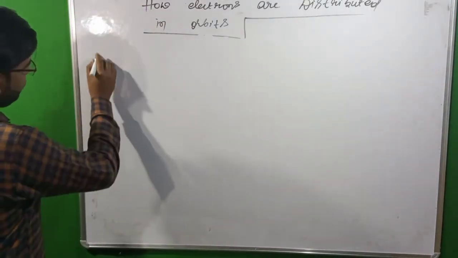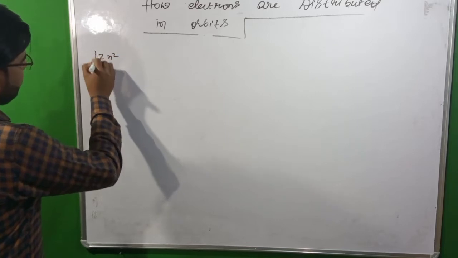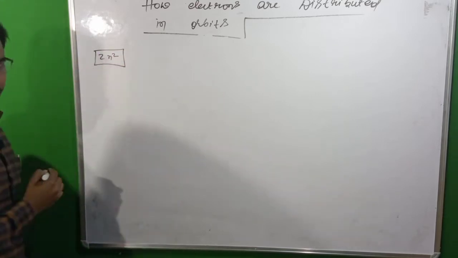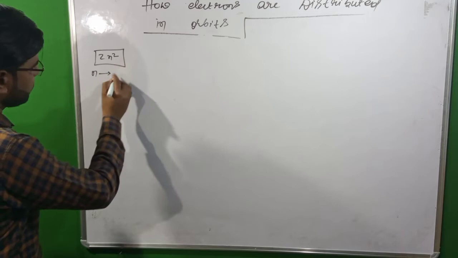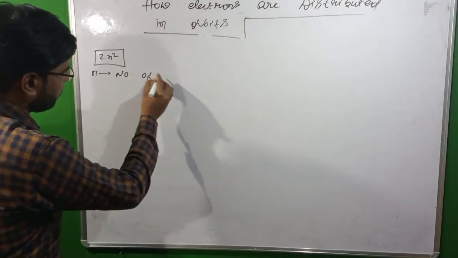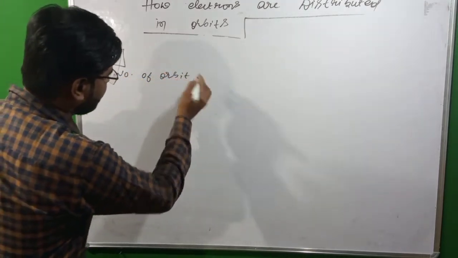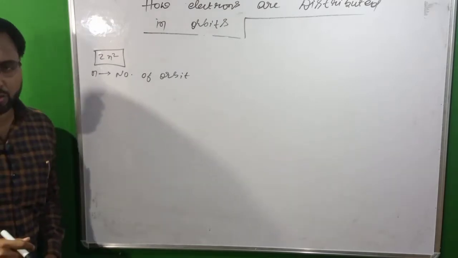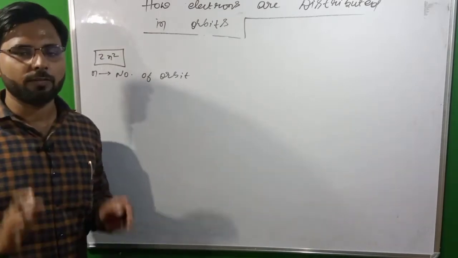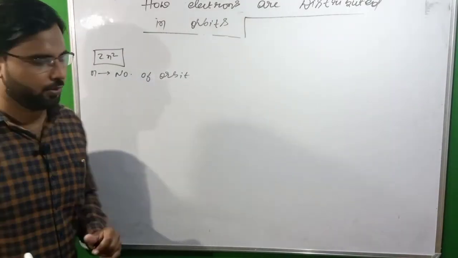any orbit has 2n² electrons, where n is the number of the orbit. This mathematical concept can be used to calculate the number of electrons in an orbit, right?